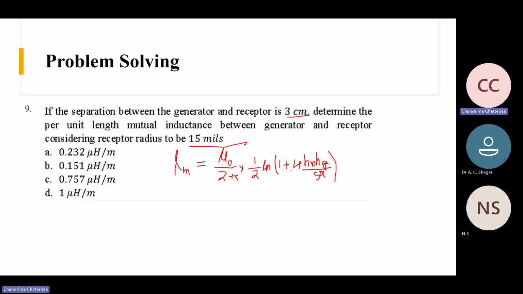So you know all the parameters. This one you can also solve. You try solving this one. Yes, ma'am.